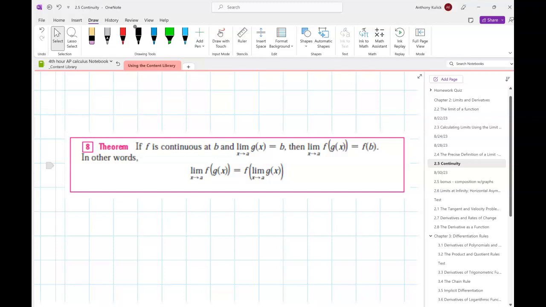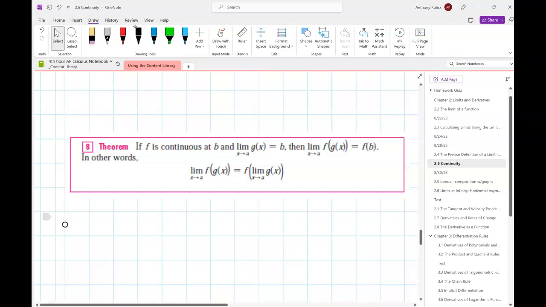In other words, we can push that limit inside of our composition. So if we have a composite function and we have continuity, we can just do the limit of the inside and then use that to evaluate the outside.